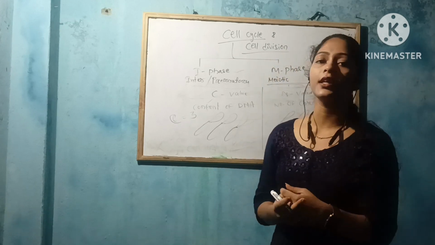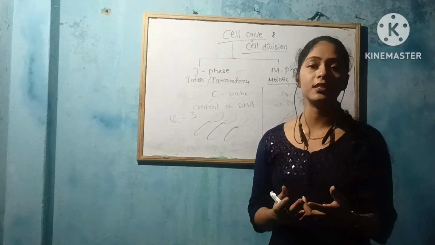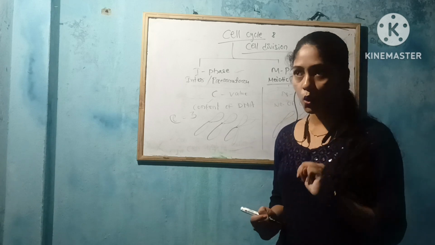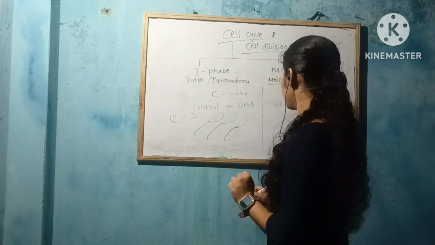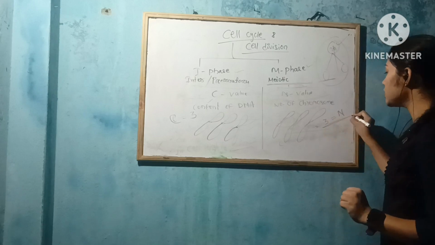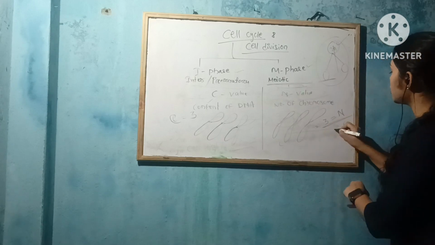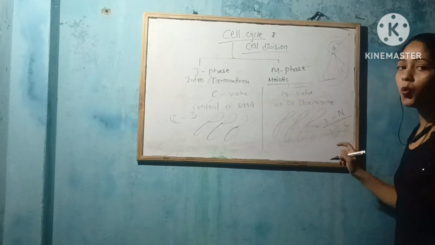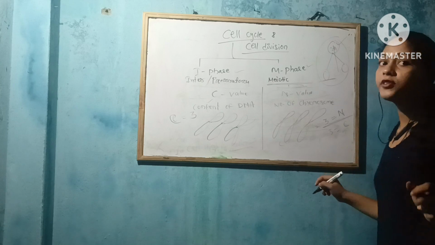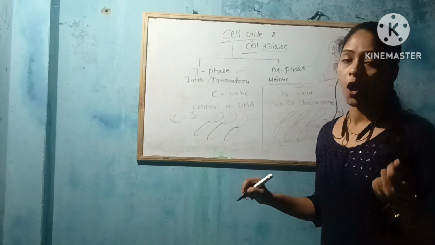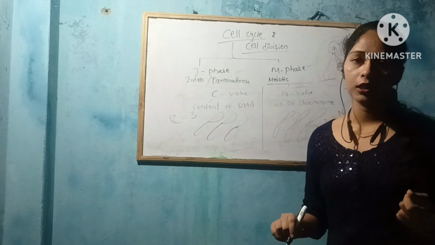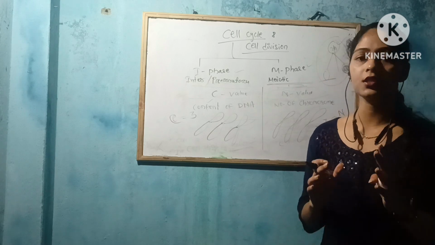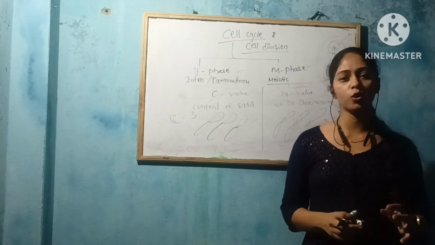The content of DNA is basically doubling. So in a cell, the N value is 3 and the C value is also 3 in G1 phase. After completion of S phase, what will be the N value and C value? It is a very simple question.